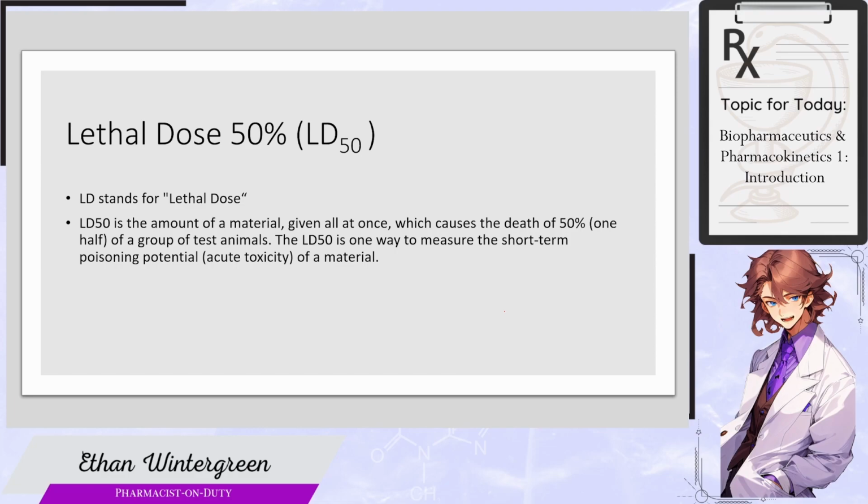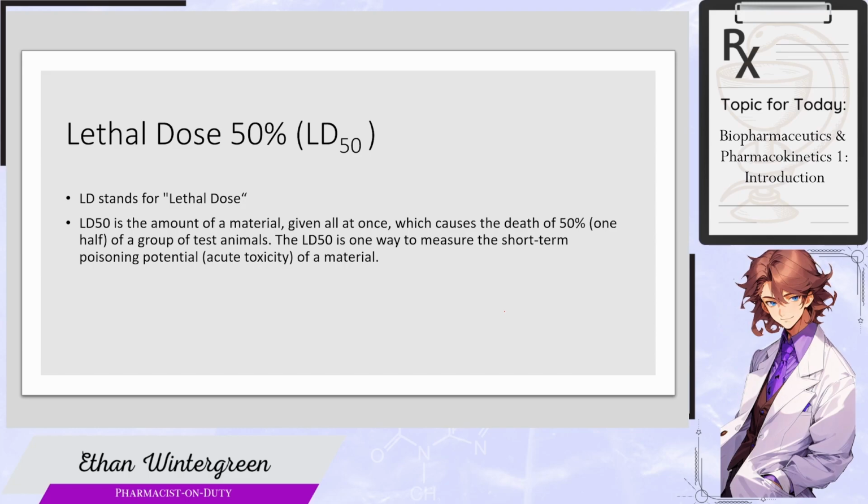And finally, we have our lethal dose 50. Lethal dose 50, we don't test on humans. As much as possible, we would like to keep our humans alive. So LD50 is your lethal dose 50. It's a measurement of the amount of drug that produces death in 50% of the test animals.